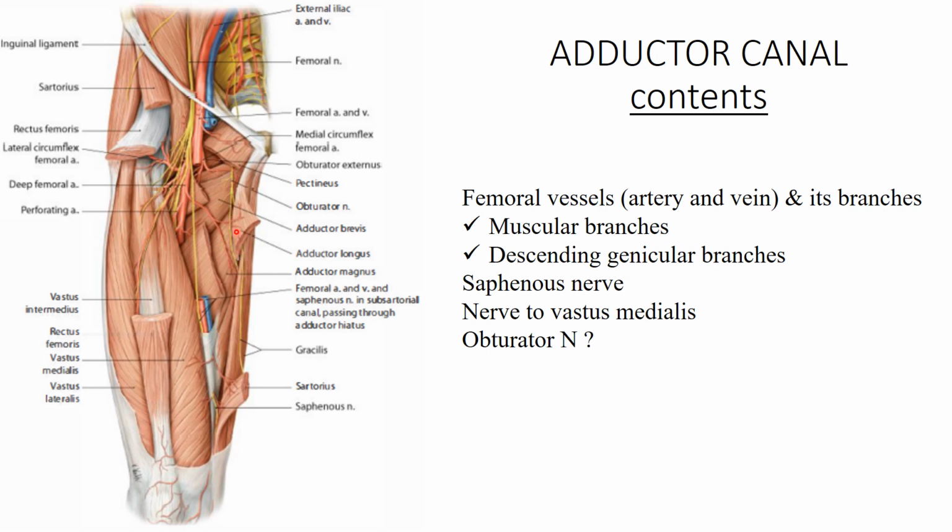And here we can now discuss how the subsartorial plexus is formed. It is formed by the medial cutaneous nerve of the thigh, which is a branch of the femoral nerve. Then the saphenous nerve gives a twig, which is again a branch of the femoral, and it also receives a cutaneous branch from the anterior division of the obturator.